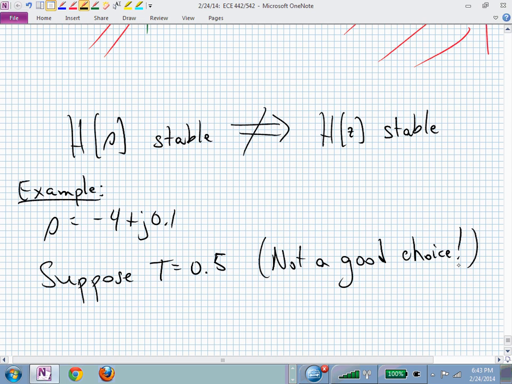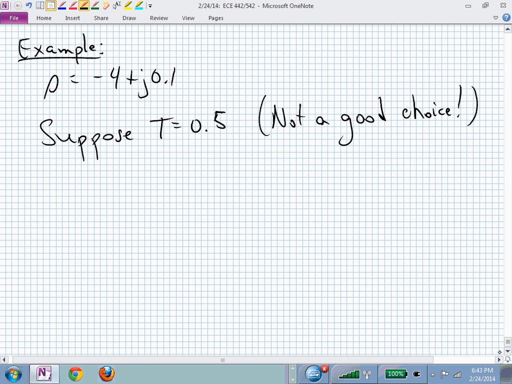Maybe that's not a good choice, but what does that do? Maybe it doesn't matter whether it's good or bad. We just want to see, is it possible to be bad in using this mapping? We know Z is 1 plus TS.